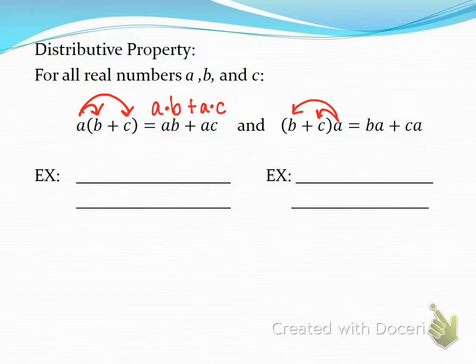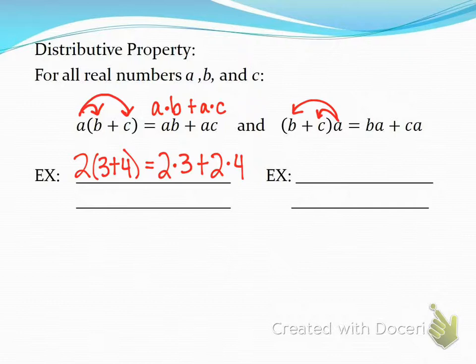So for example, we could have 2 times (3 plus 4). If I were to distribute that, I would be taking 2 times the 3, good, plus 2 times the 4. And we could actually solve that out, or we could have done that with order of operations.